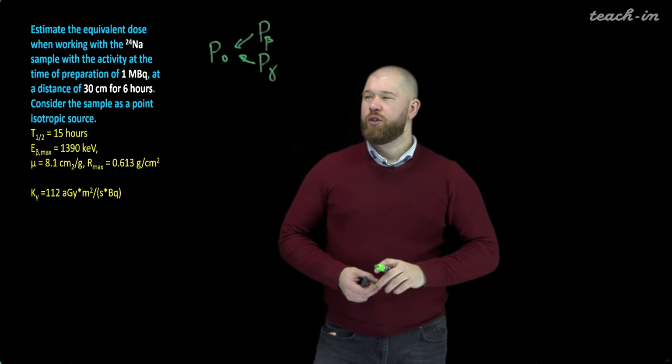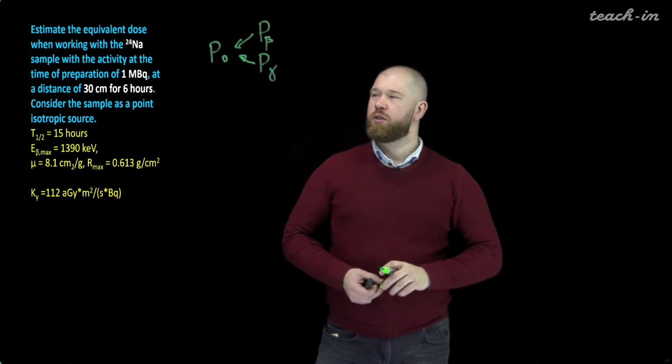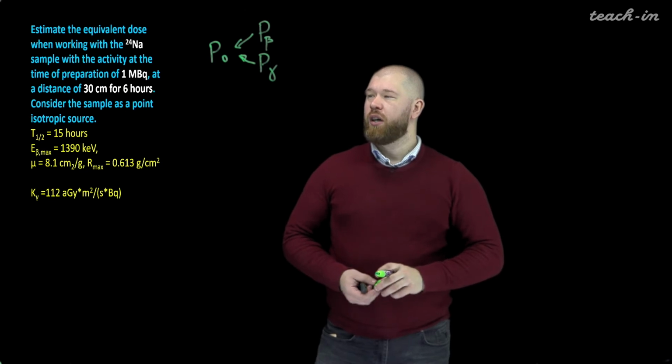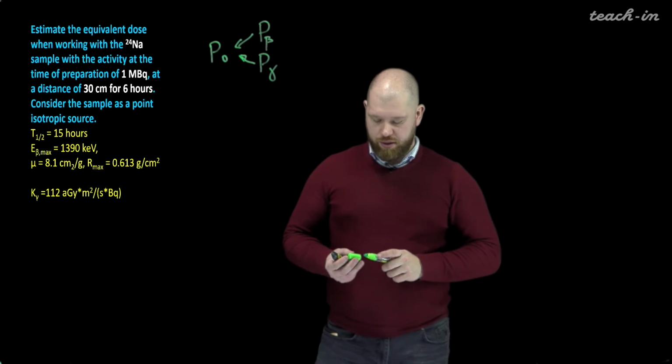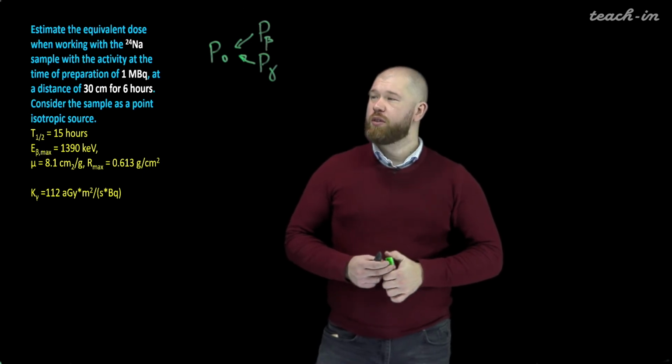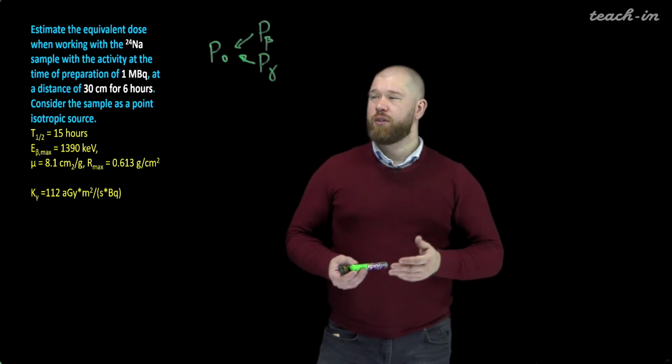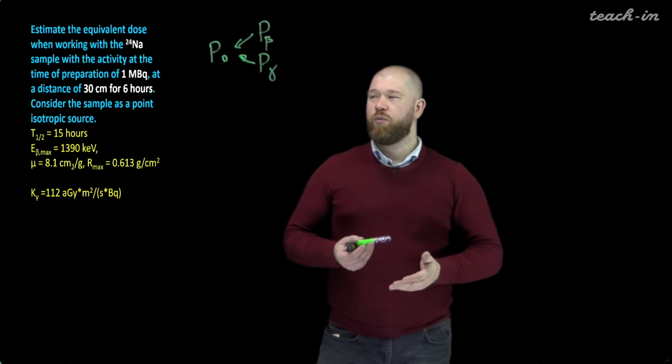Why do we calculate the dose rate but not the dose at this point? Because the half-life of sodium-24 is small, 15 hours, and it is comparable with the time of working.